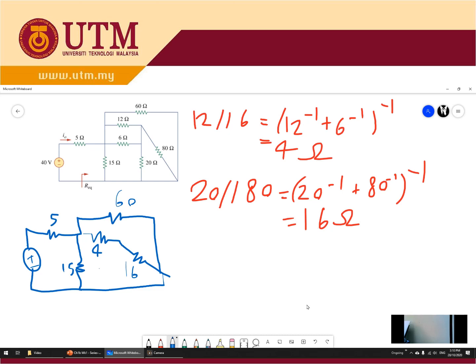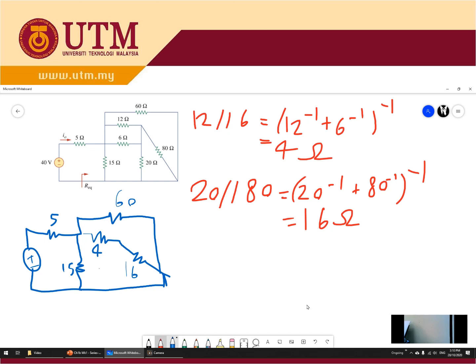Now you can see that this is parallel with this series. This one is series, then parallel all of this. You can see that it starts and ends at the same node.